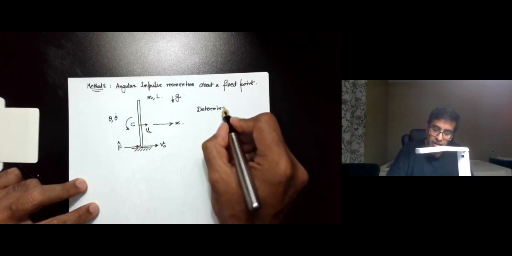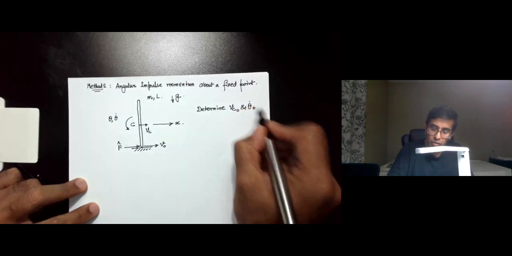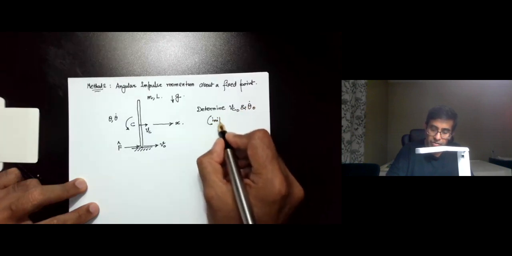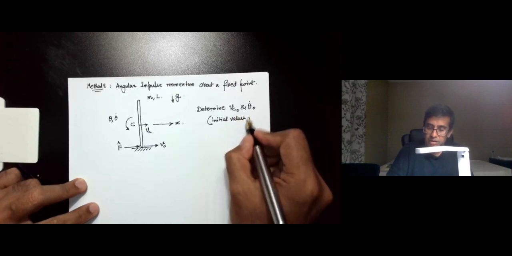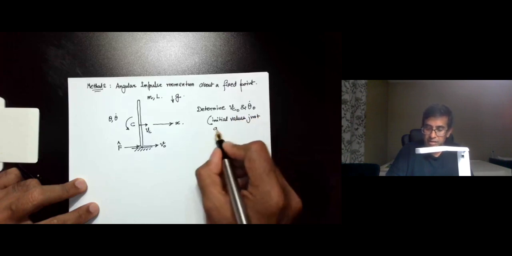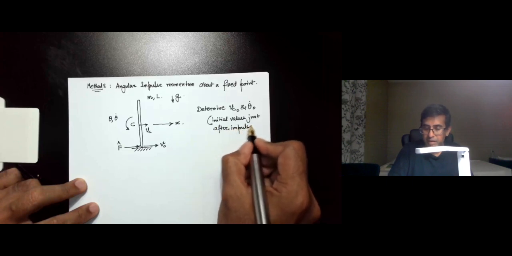We want to determine Vc0 and theta dot 0, the initial values just after the impulse is applied.